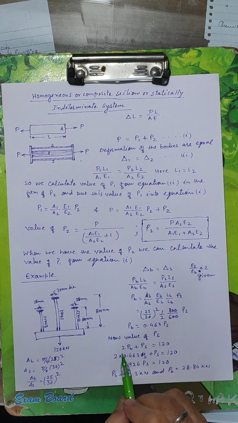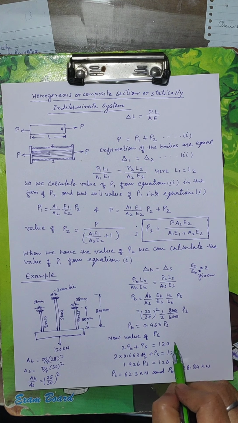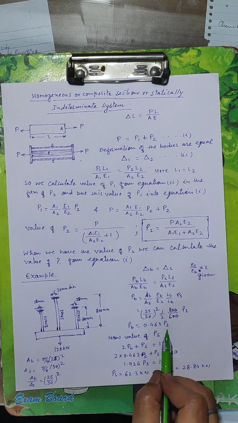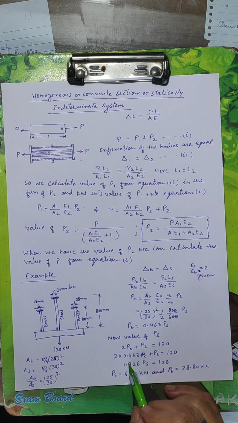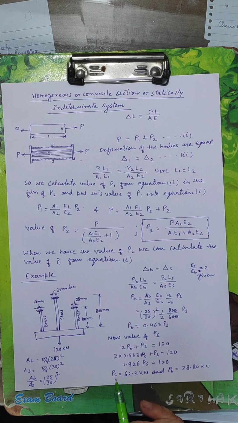So that's why 2 PB plus PS, and the total load is 120. We put the value of PB from this equation. This comes to 1.926 PS is equal to 120, and we get the value of PS.